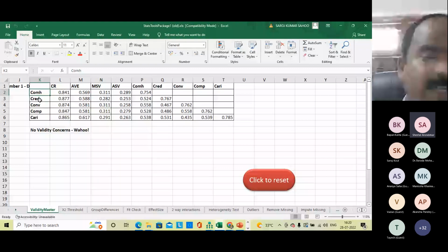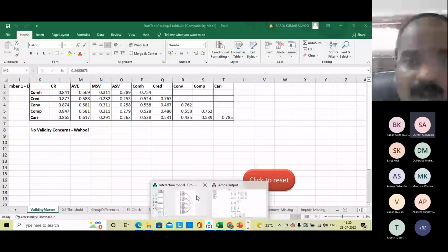The third construct is convenience. The fourth construct is compatibility. The fifth construct is caring. Look at these constructs in the left hand side of the Excel sheet. Now look at here the AVE value for the first construct. I am saying construct, not indicator.